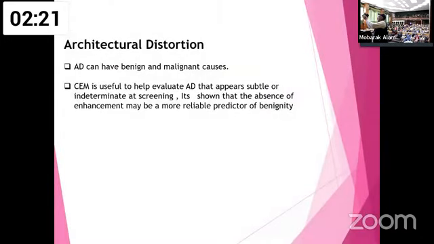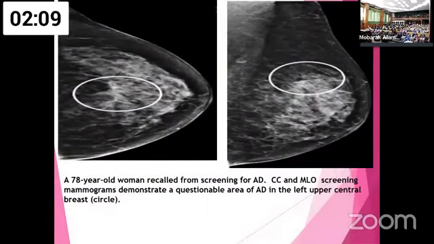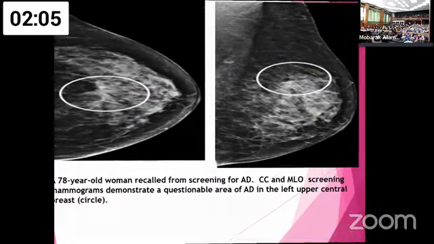Architectural distortion may be due to benign or malignant causes. Absence of enhancement in contrast-enhanced mammography has the highest prediction of benignity. This is a female presenting with architectural distortion that was suspicious.